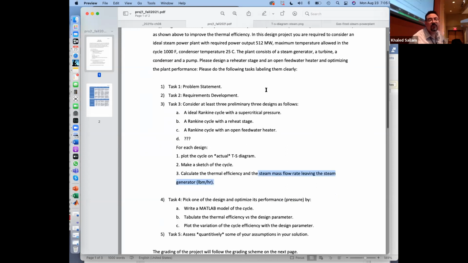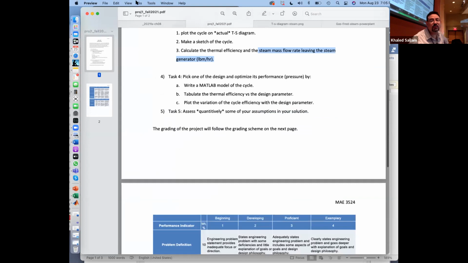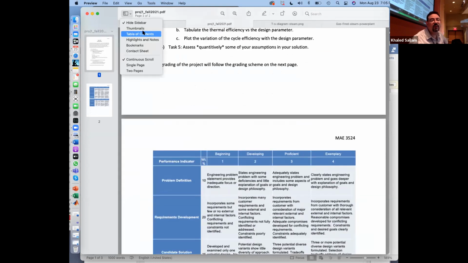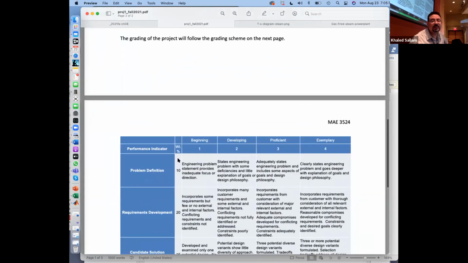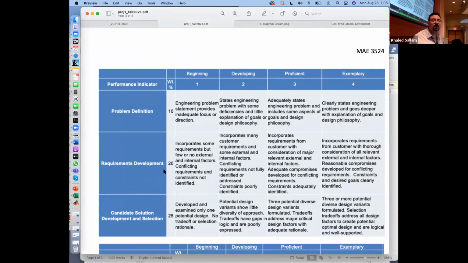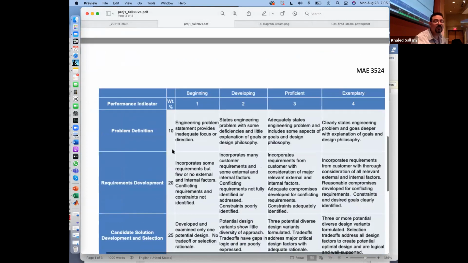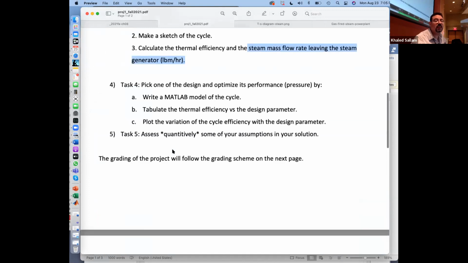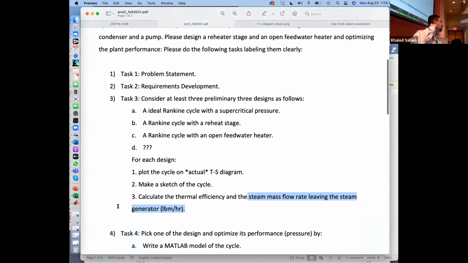And so the professors in our department, when they came up with a way to evaluate design projects, said 20% of the grade is about this requirement development. So in every project, there are 5 tasks, and you're going to receive 5 grades from us.